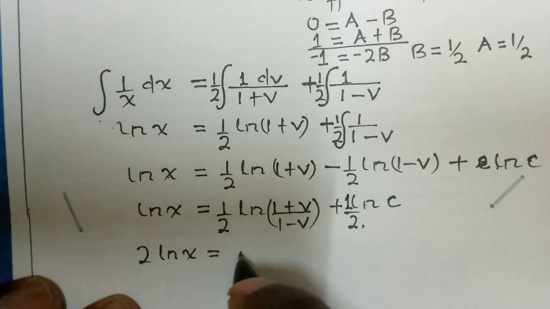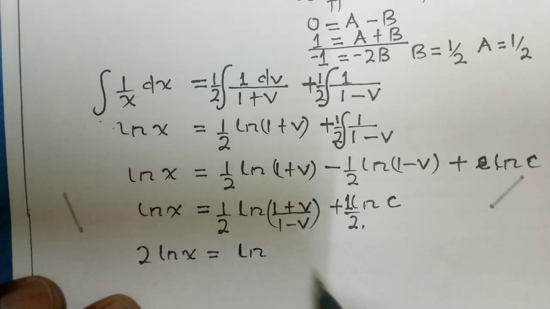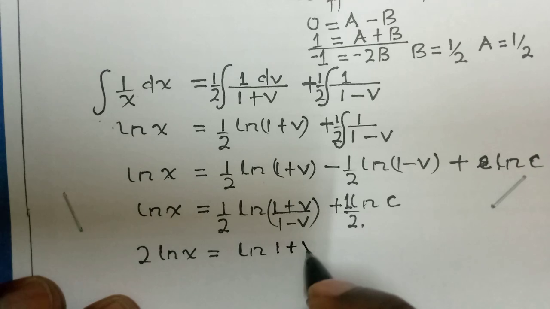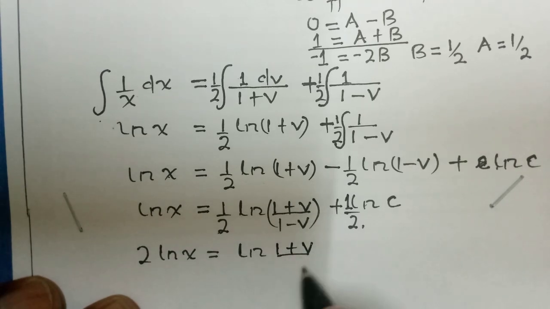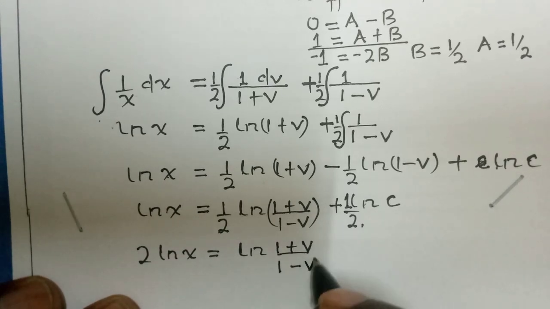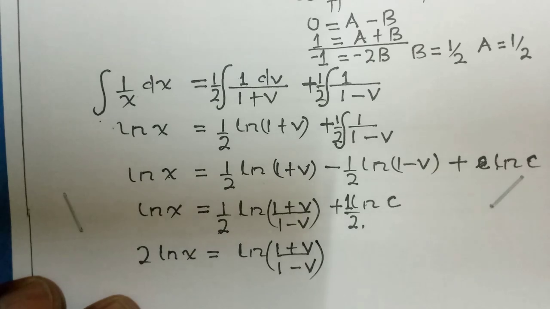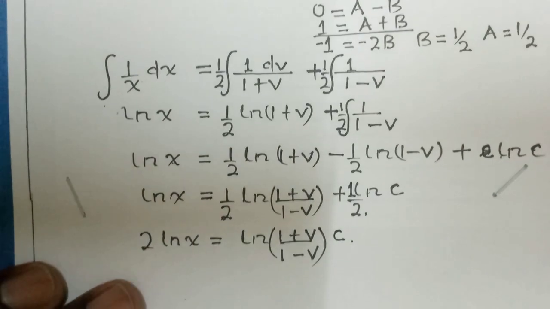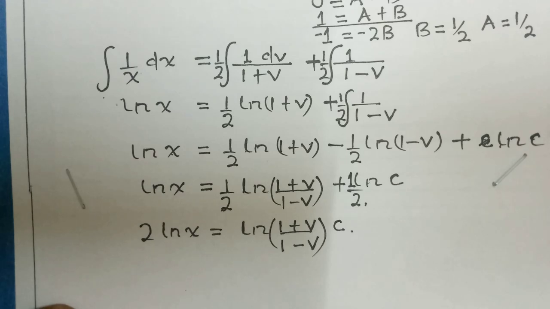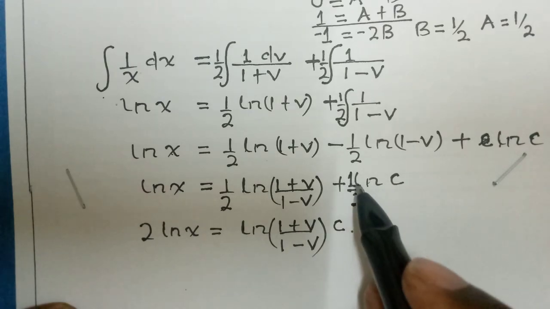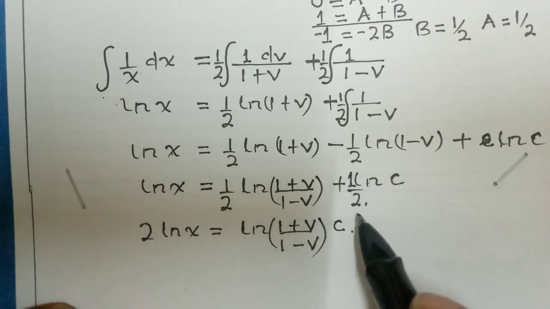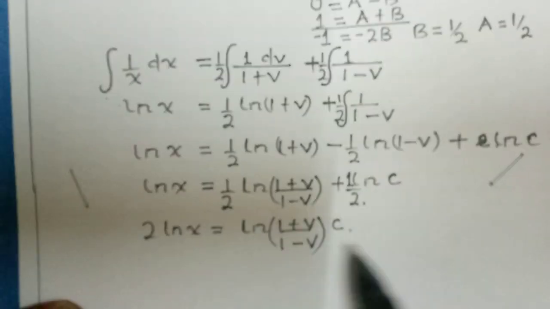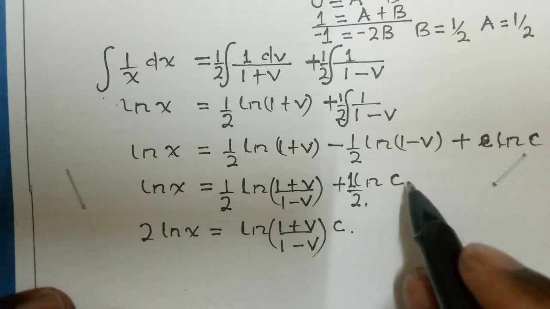So finally this one is going to be ln 1 plus v all over 1 minus v, like that. And now you multiply by c. So that's how, guys, it is going to be. So this multiplying by a half will not change anything, because this is a general formula, and a constant is a constant.